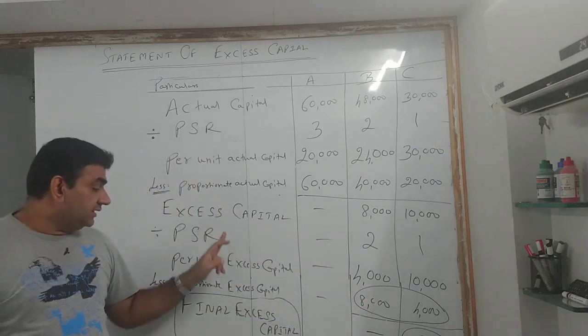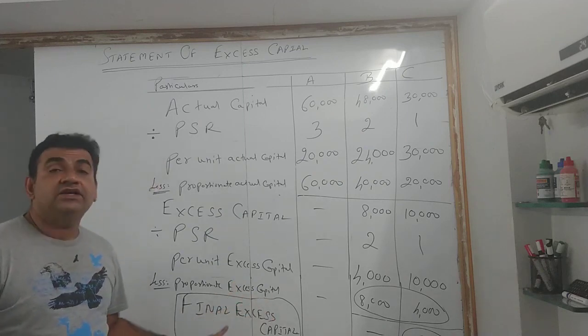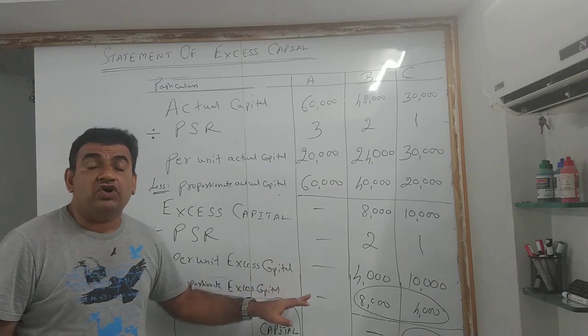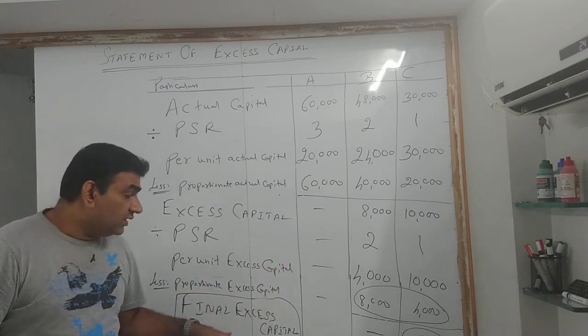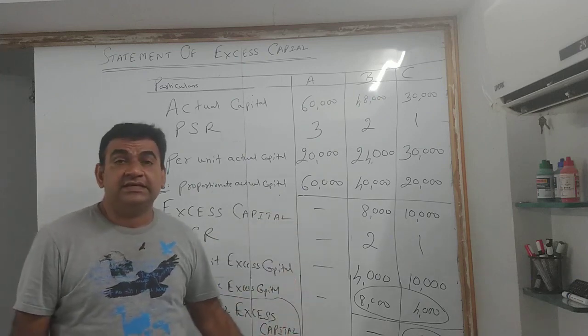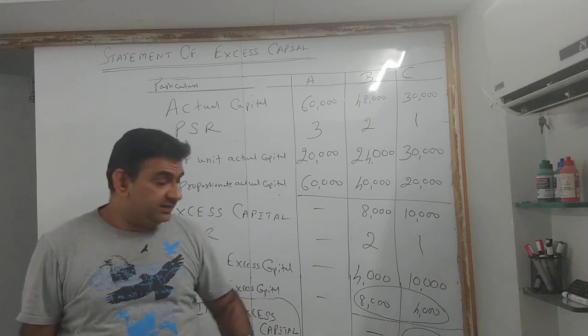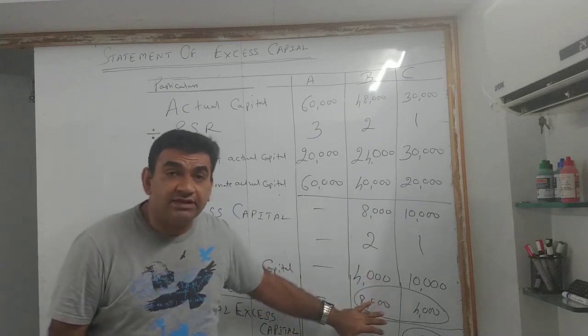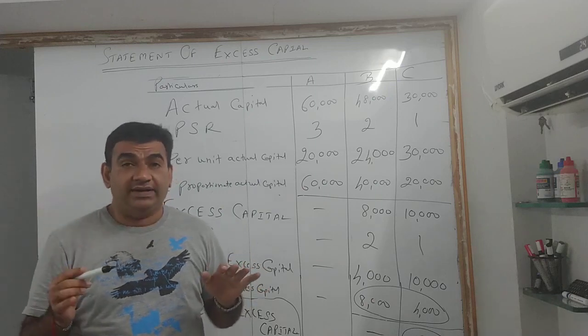From your excess capital, you deduct proportionate excess capital, and that will be called your final excess capital. Now, after preparing this, below the table you will have to write the order of payment, which you will interpret from this table only.